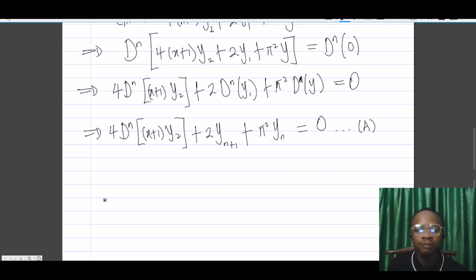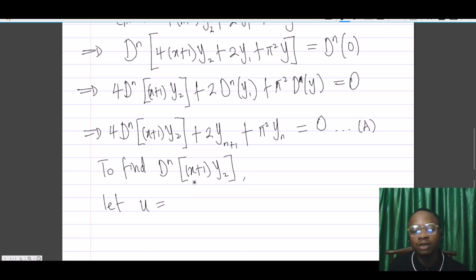So we'll come back to it. So basically, what we want to do to go forward is to find the nth derivative of (x plus 1) multiplied by y2. So for this, we will say that let u be equal to, because this one's derivative will soon vanish, let u be x plus 1 and let v be y2.